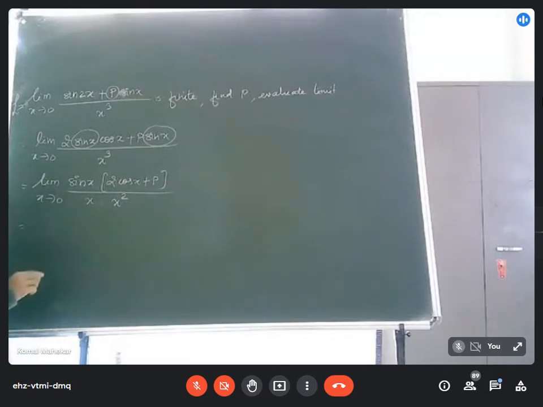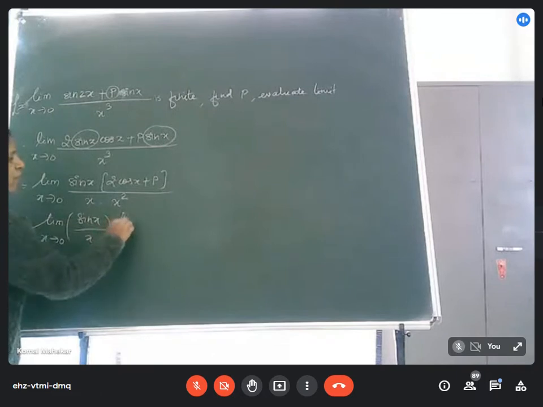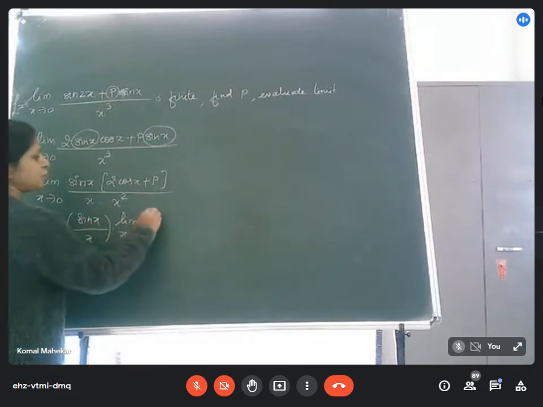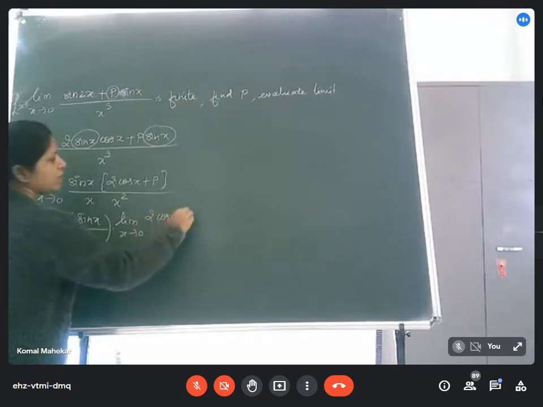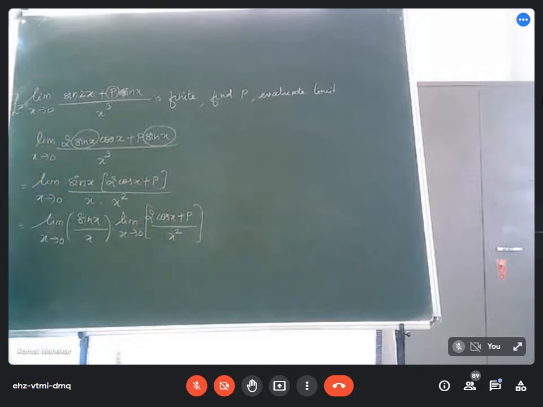Now we separate the limits. So taking separately limit for this sin x upon x, multiplied by another function whose limit is 2 cos of x plus p upon x square. So apply the limit separately for the two terms. For sin x upon x, apply the limit x tends to 0, and for the second term, multiply by limit of 2 cos of x plus p upon x square.